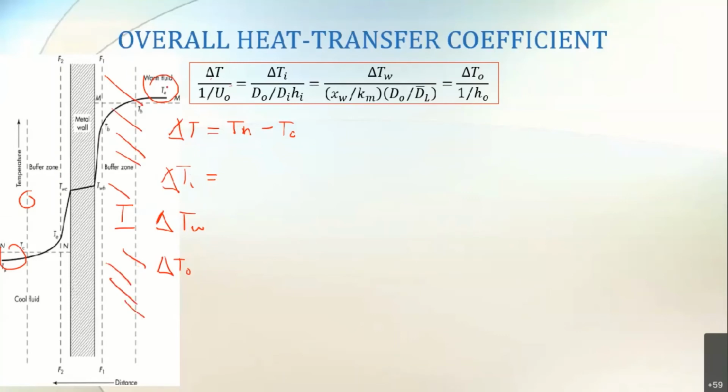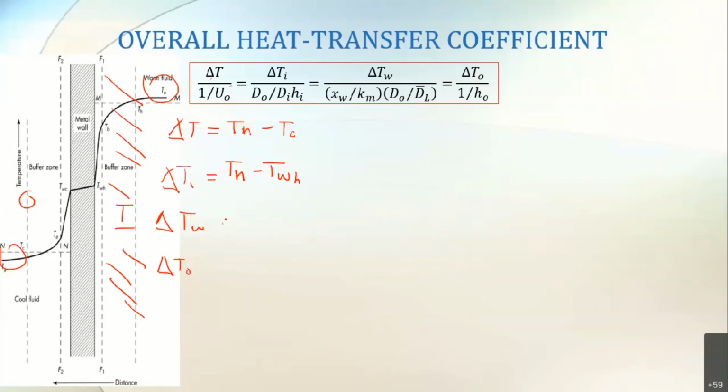So we are just focusing on this part. If you want to find delta Ti, you have two temperatures, T hot and T wall hot. Again, delta T must always be big minus small. So it is T hot minus T wall hot, depending on whatever you want to write. Okay, so that is for delta Ti.